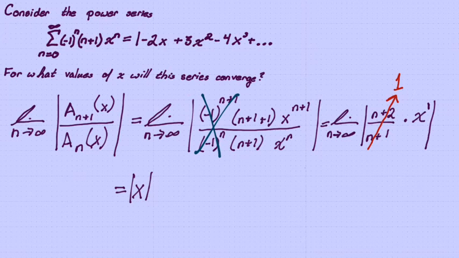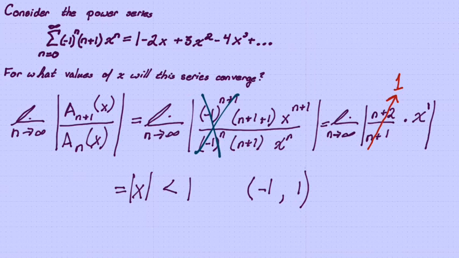Well, the ratio test tells us that when the limit is less than 1, it converges. And when the limit is greater than 1, it diverges. So when x in absolute value is less than 1, our series converges. When is that true? It's true on the open interval from -1 to 1. So we converge there.